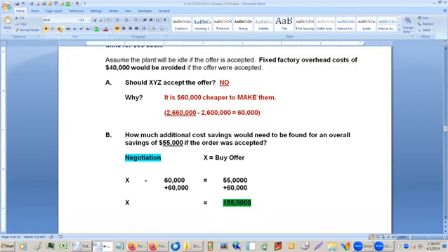So this would have to be the additional savings. What would it be per unit? Whoa, I got way too many zeros here. Oh, hold on. Got a little carried away there.